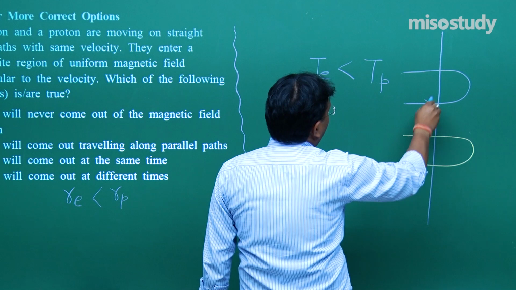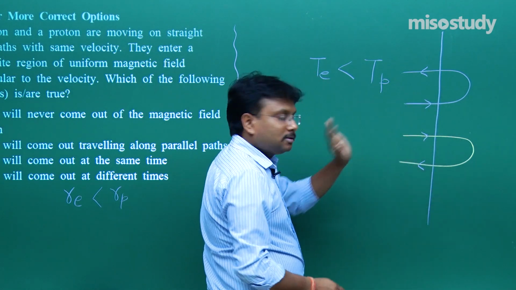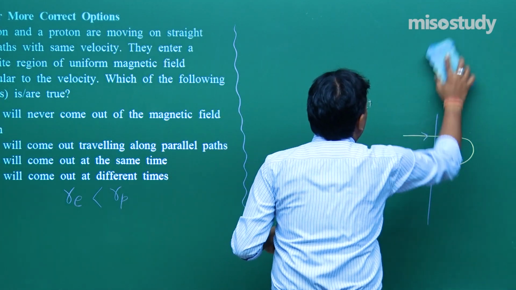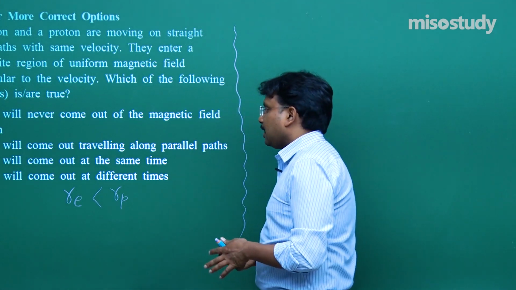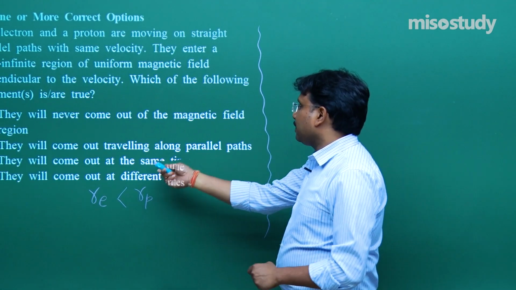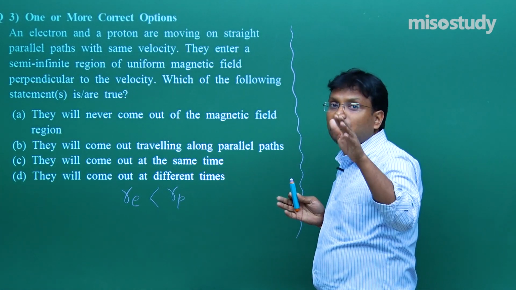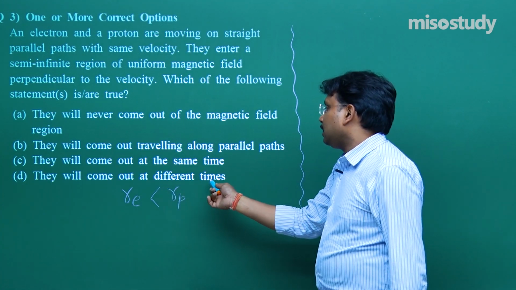Similarly, it will enter over here, come out over here. So parallel entry, parallel outgoing. This is the path. So they will come out travelling on parallel paths. So this option B is correct. They will come out at the same time? No, we just calculated T of electron is less than T of proton. They will come out at different times.